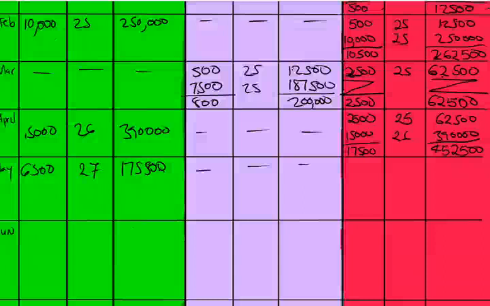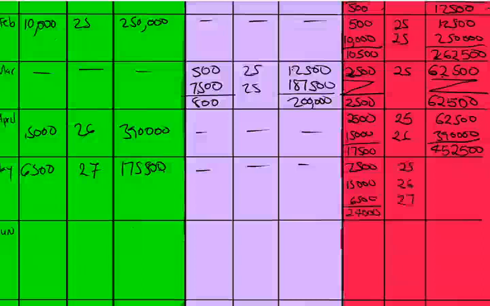Together, what we are saying is there's a value of 2,500 in our inventory, another one of 15, and another one of 65. Together, we are finding 24,000 units. This one is valued at 25, this one 26, and this one 27.